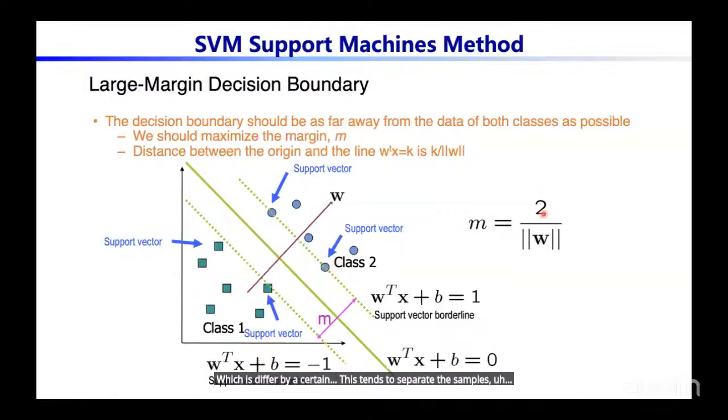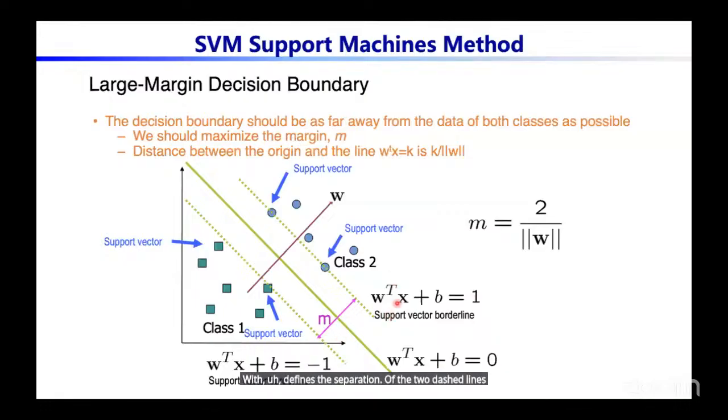The distance can be defined by this value, called m. And w is the width of the linear equation. So essentially, the absolute value of the width defines the separation of the two dashed lines.